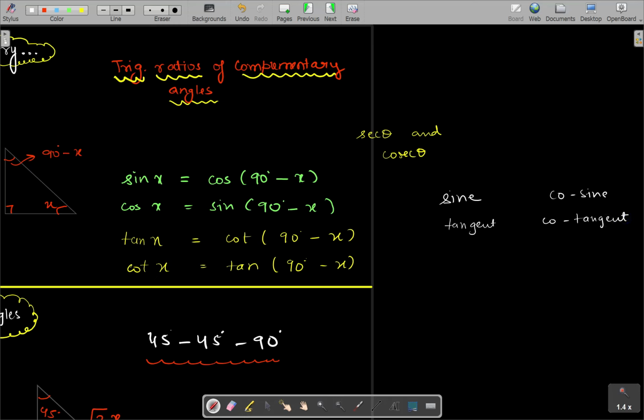And from secant, you get cosecant. So here, this prefix, co, stands for complementary.